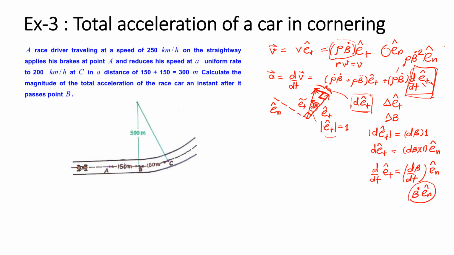Maybe the textbook has the extensive explanation, but to derive this, you need to try to accept the assumption. And if you cannot remember the formulation here, you can begin from this and do the differentiation. And finally, we have the acceleration in the normal direction and the tangential direction.